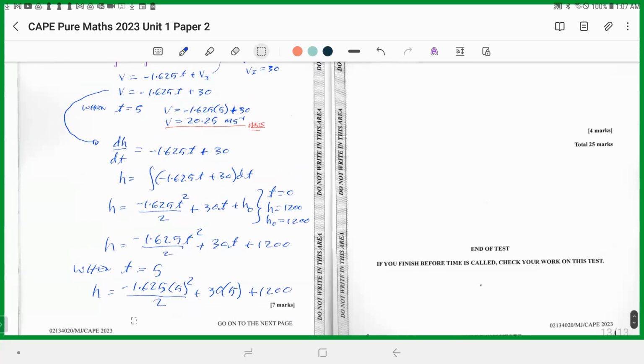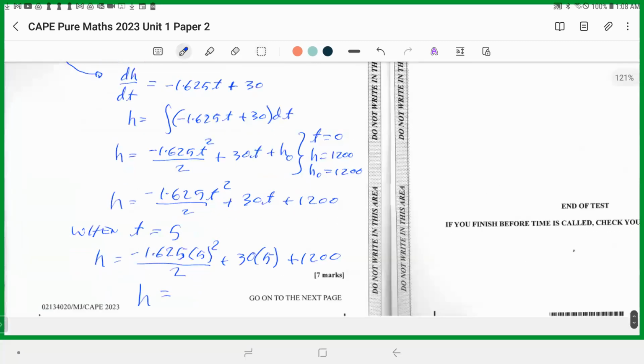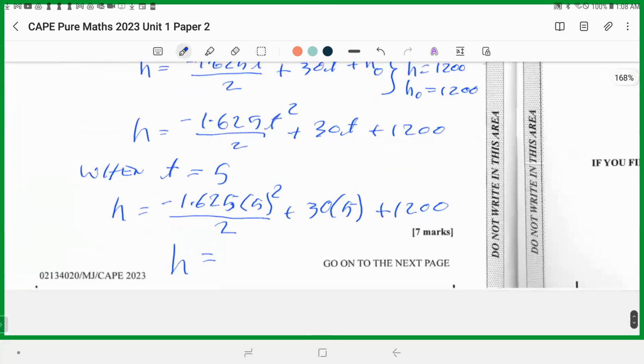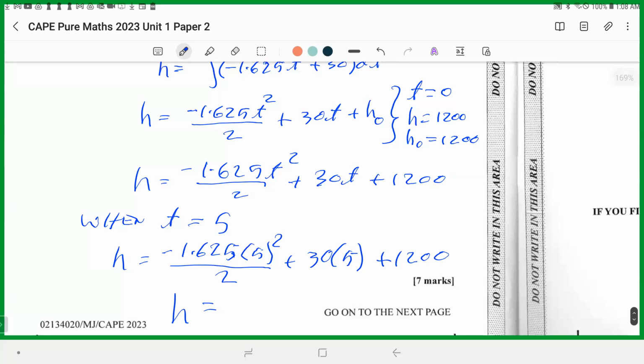So h equals, let's write it down here. All right, let's work it out. But this is negative. So I'm going to do the 1200 first. I'm now going to add that 150, 30 times 5.